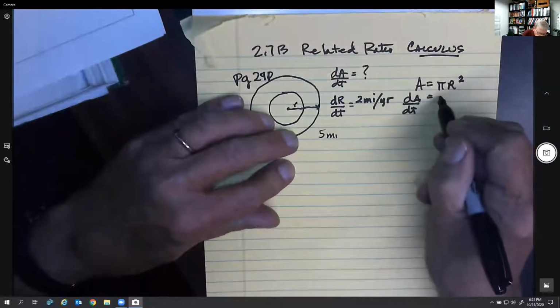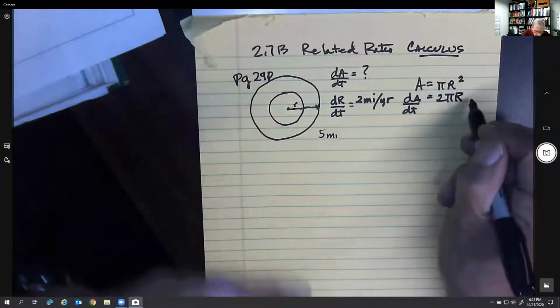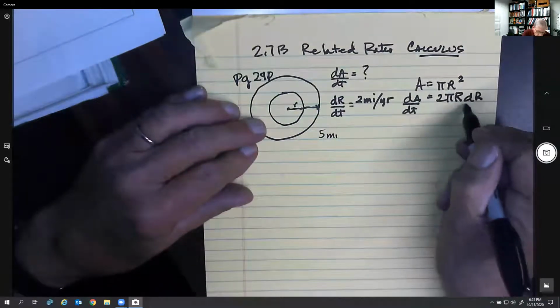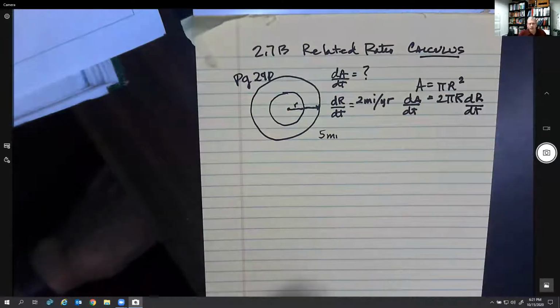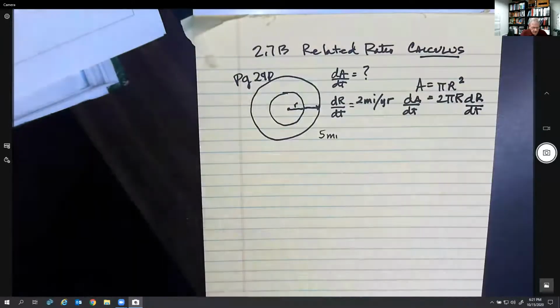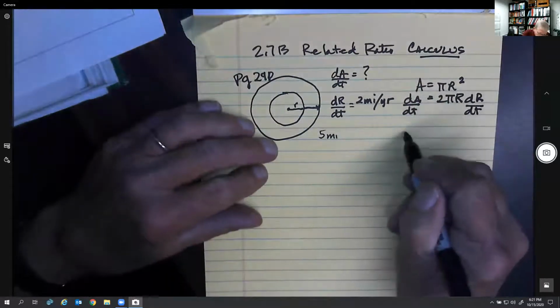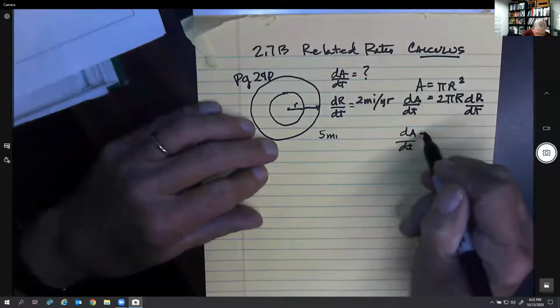2 times pi r, but we took the derivative of r, so it's dr over dt, right? So now we've taken the first derivative using implicit differentiation. This is what we're trying to find, dA over dt. And what do we know?